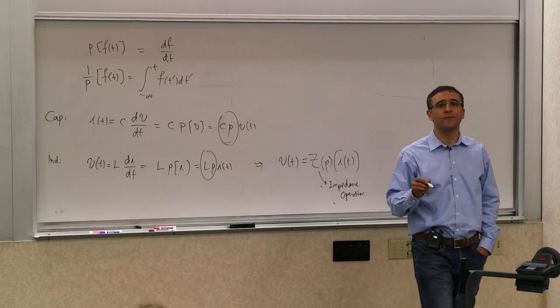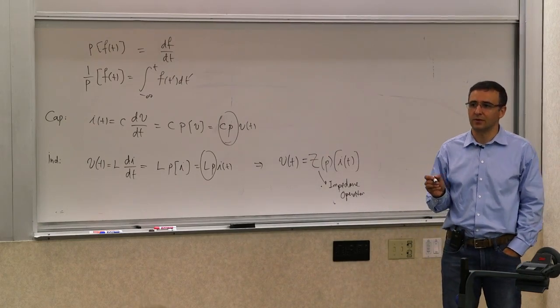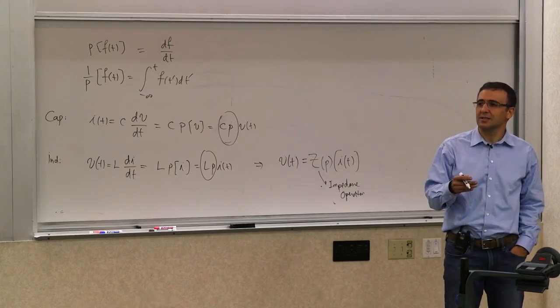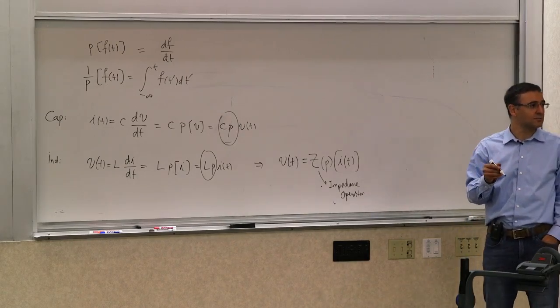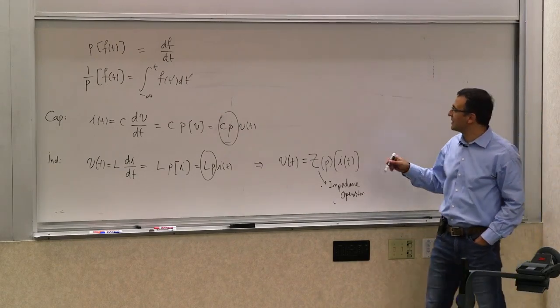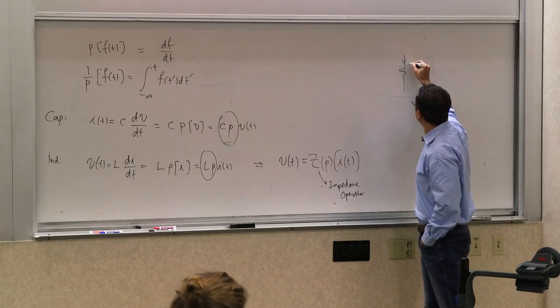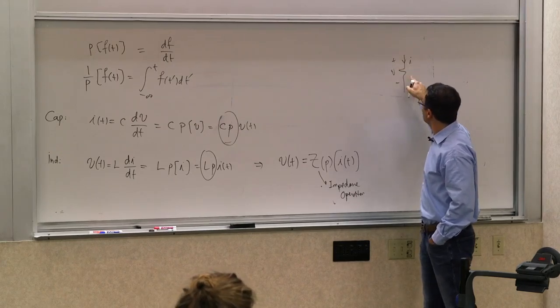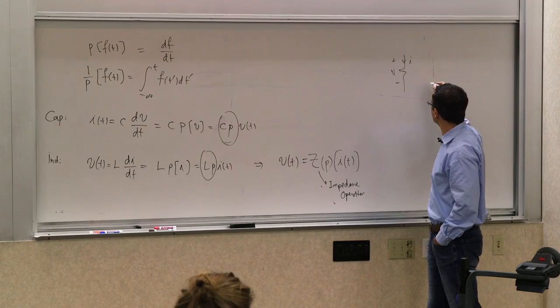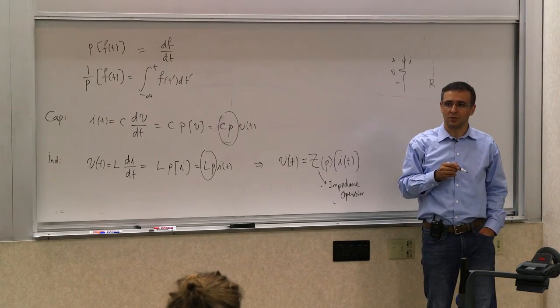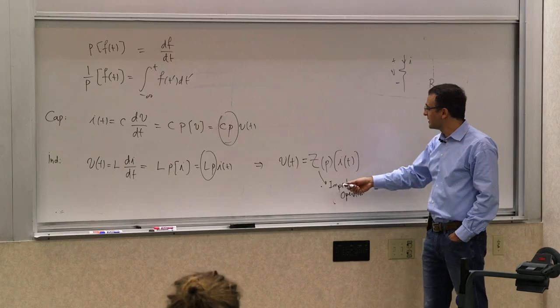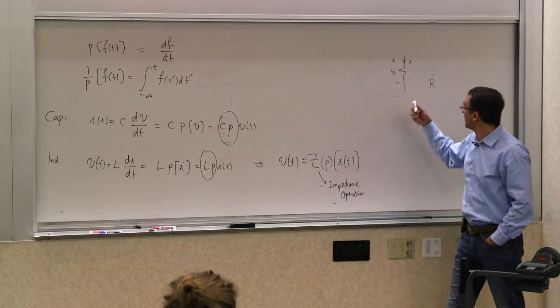And it's a generalized form of a resistor, if you think about it. Because if you just have a resistor with current and voltage I and V, this operator is going to be simply a scalar, a constant R. So impedances are generalized forms of resistors.